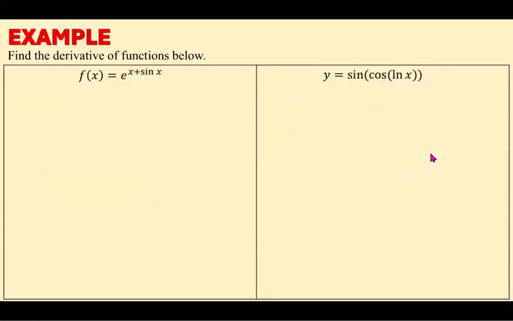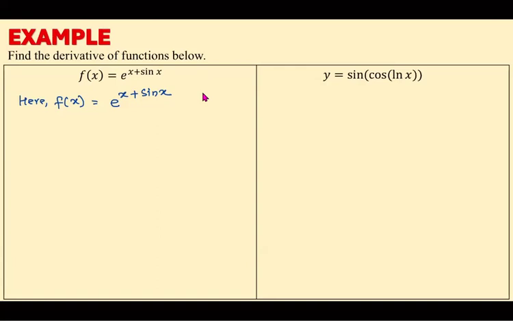Okay, let's look at the last set now for this video. In the first one, we have f of x equal to e raised to x plus sine x. This is also a composite function. Your outside function is the exponential function, and the inside function is x plus sine x.